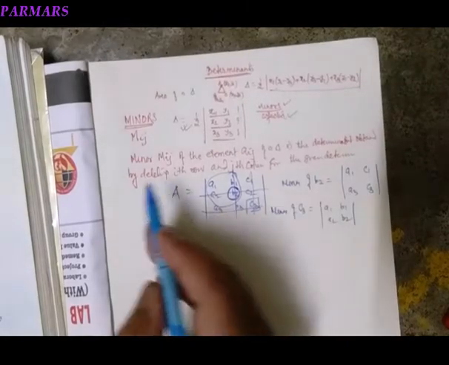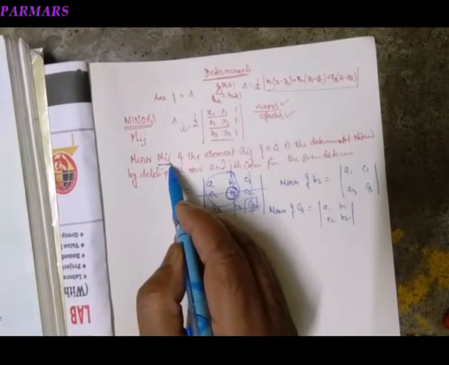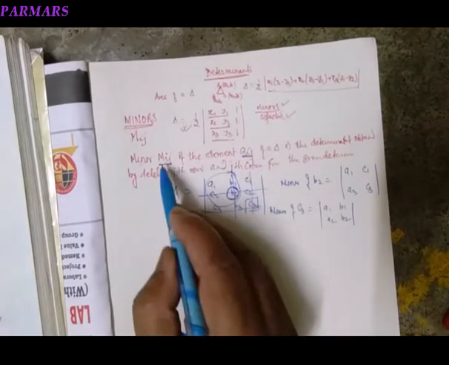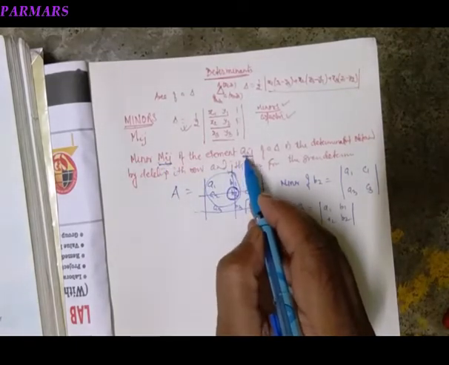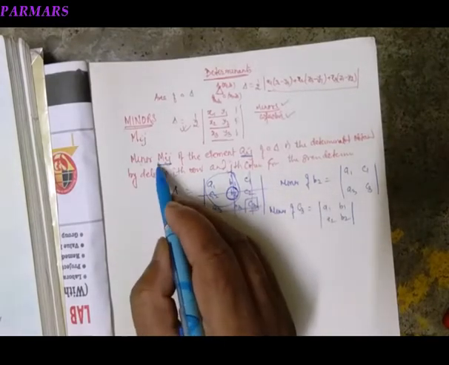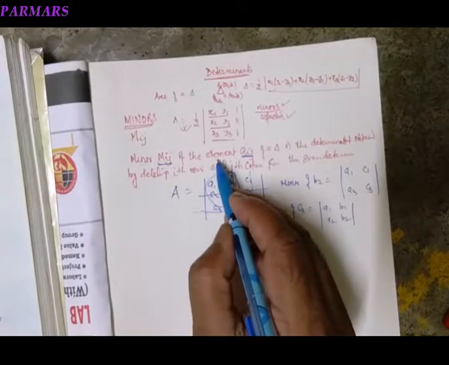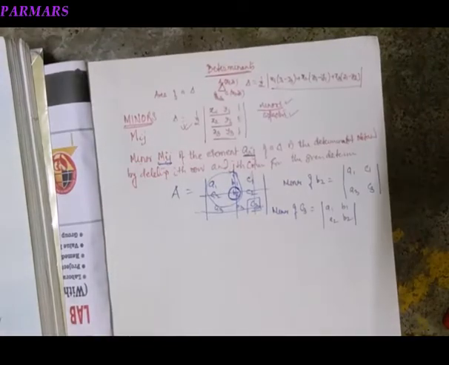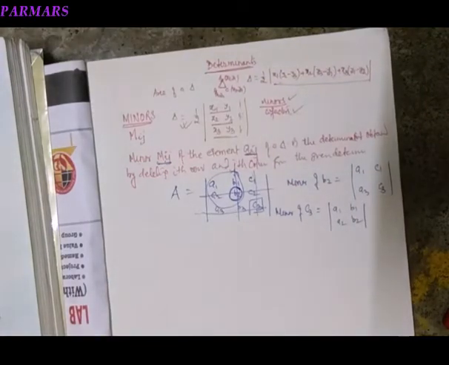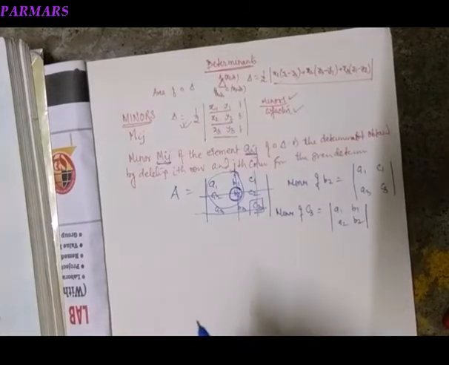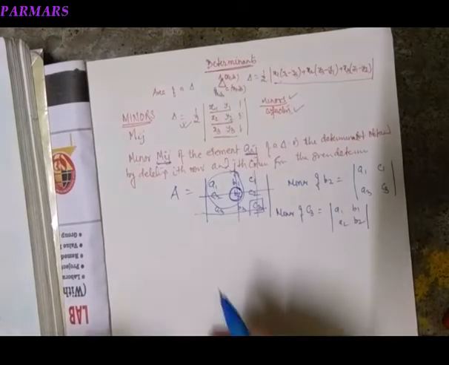And the definition is that Mij is the minor of element aij, M12 minor of a12, M23 minor of a23, etc. So Mij is the determinant obtained by deleting the ith row and jth column of the given determinant. Is it okay? Without considering the sign.